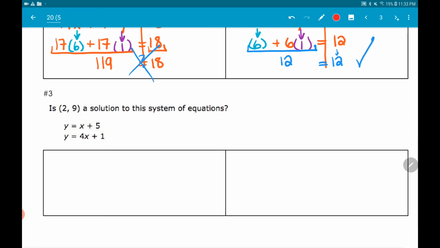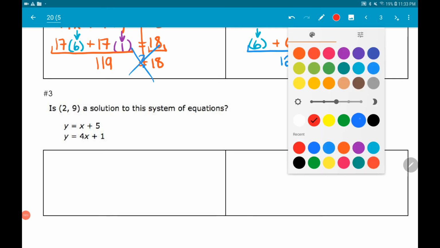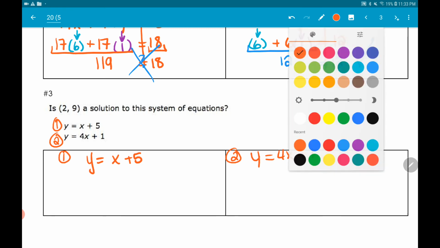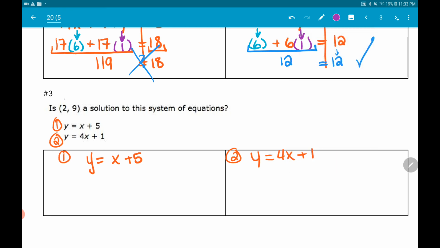Okay, last one, I promise I'm almost done. Let's check one more. So I have equation 1 and equation 2. Let's identify my x.